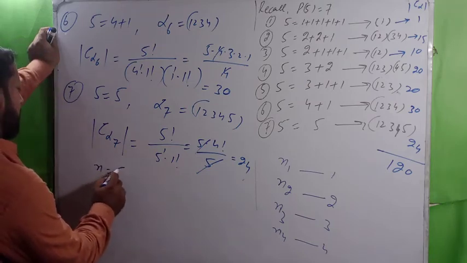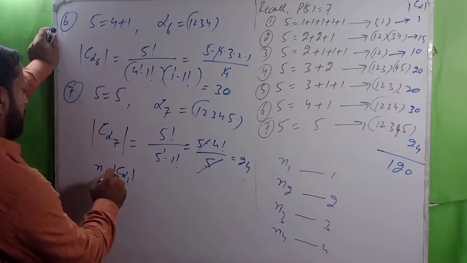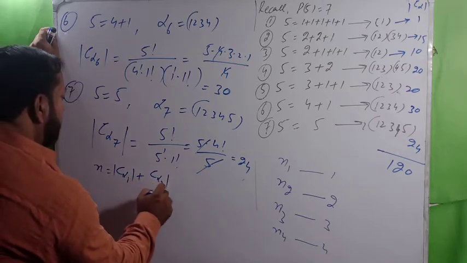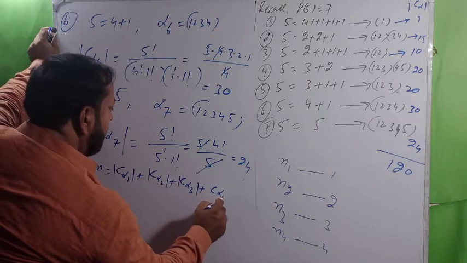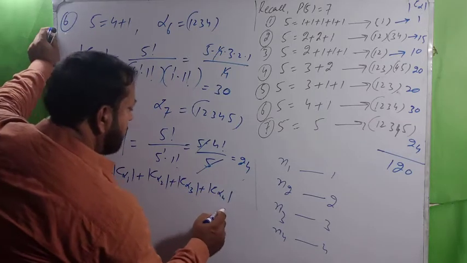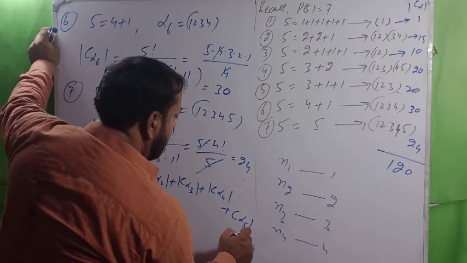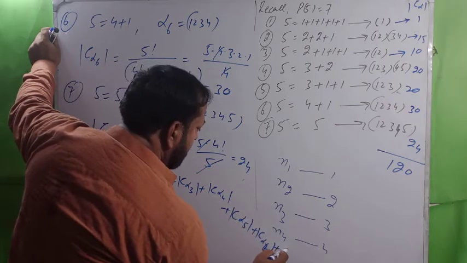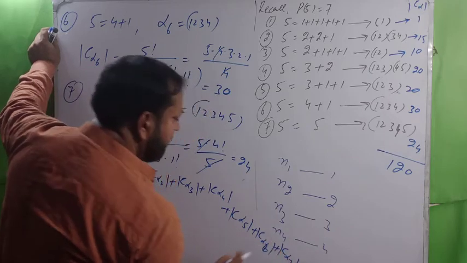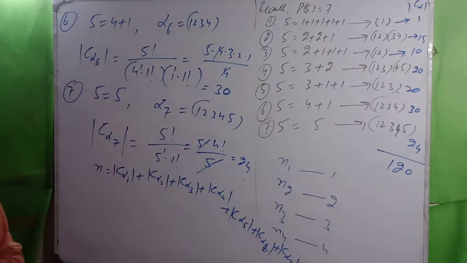N is equal to order of C alpha 1, plus C alpha 2, plus C alpha 3, plus C alpha 4, plus C alpha 5, plus C alpha 6, plus C alpha 7. This was the class equation, right? For S5.